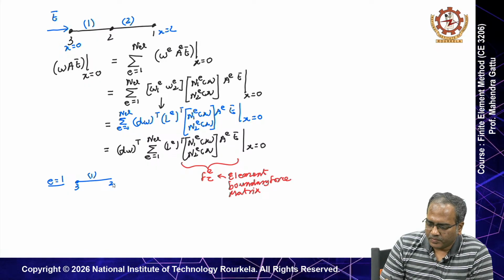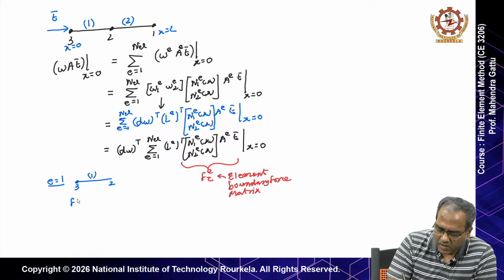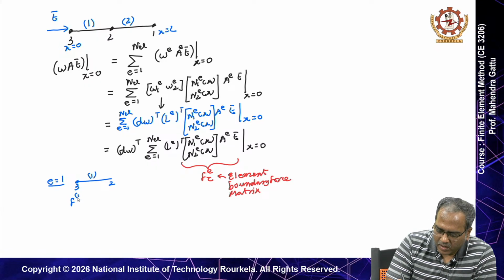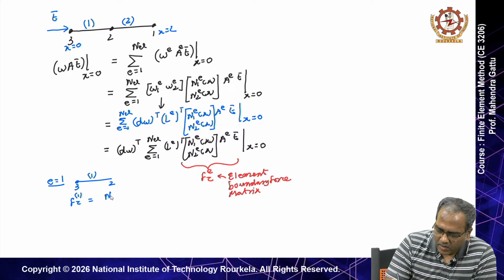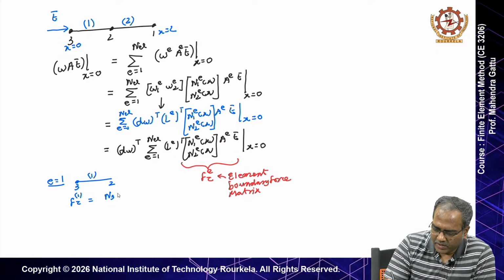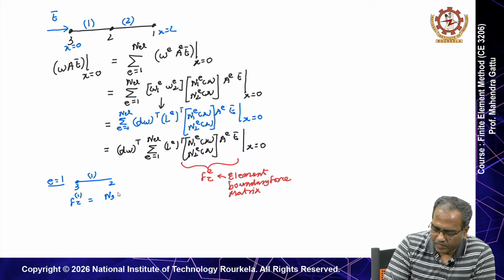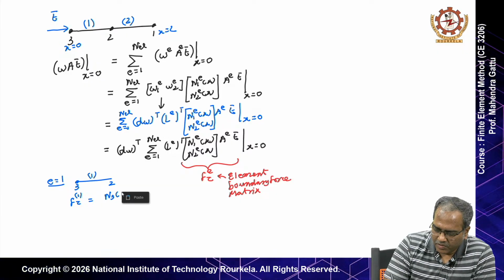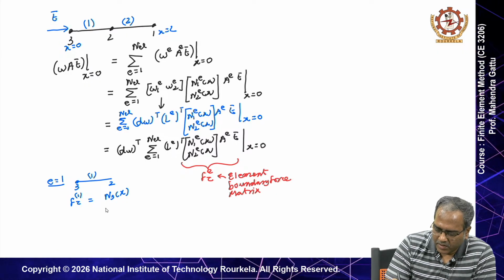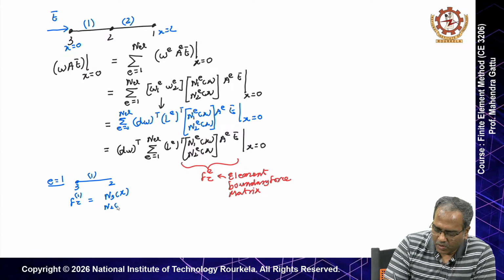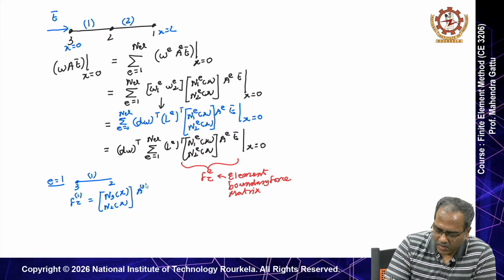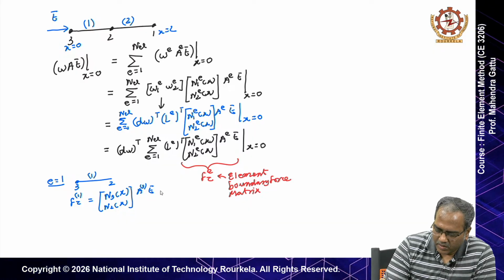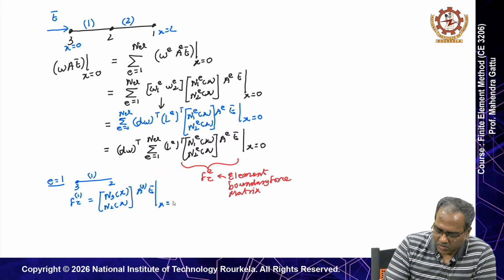So, F1 of tau will be N3 of x and N2 of x times A1 times T bar, and this is evaluated at x equals 0.